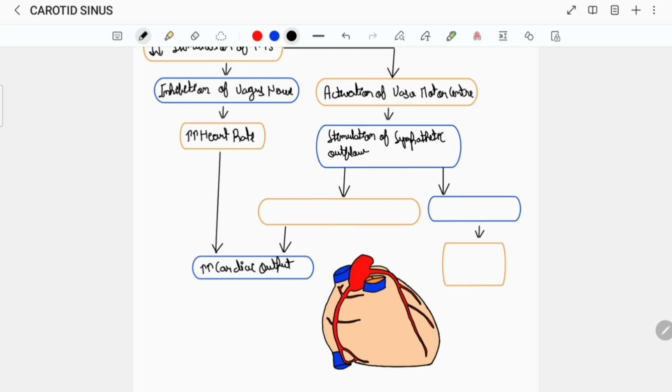Stimulation of sympathetic outflow further causes an increased myocardial contractility and vasoconstriction. Increase in the myocardial contractility also causes an increase in the cardiac output, and vasoconstriction causes an increase in the blood pressure. Increased cardiac output also contributes to an increased blood pressure.